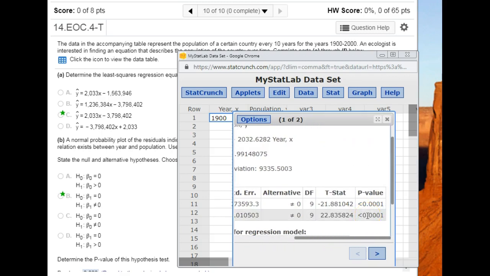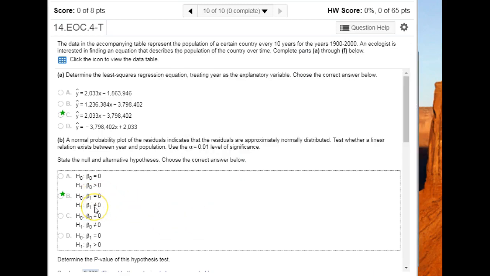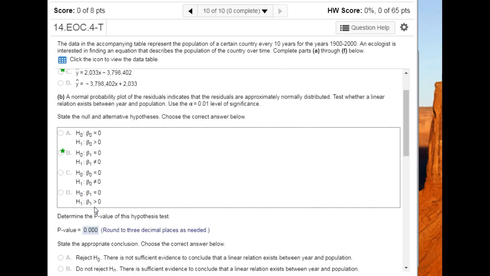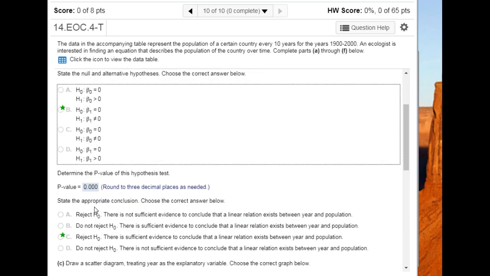Now since this p-value is below alpha, we will reject the null hypothesis and assume the alternative is true. The conclusion is that there is sufficient evidence to conclude that a linear relation exists between year and population, because we're accepting the alternative that the slope of the regression equation is not equal to 0. It's either positive or negative.